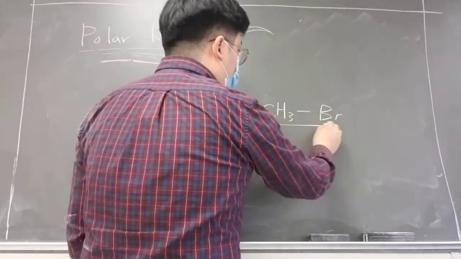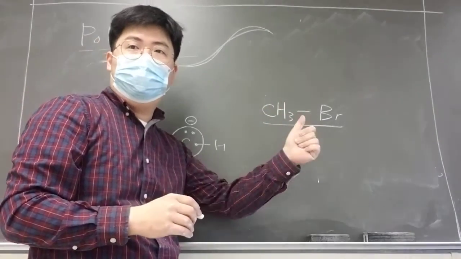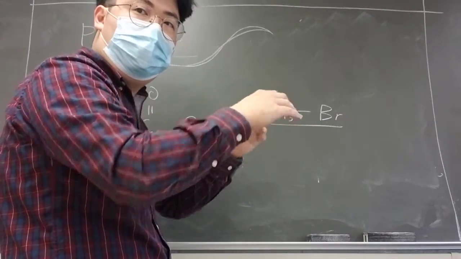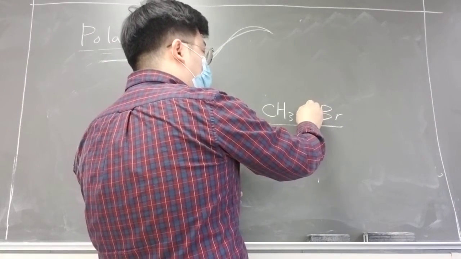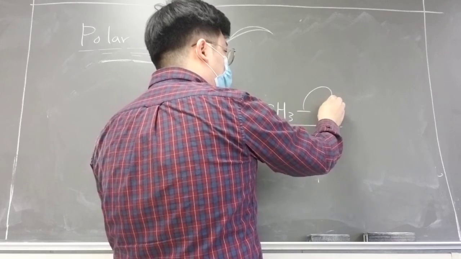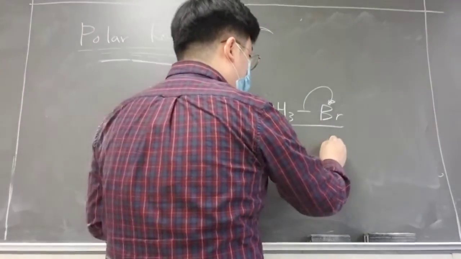And then if you look at this one here, once again, this is going to be polar, like an unsymmetrical bond, right? Bond breaking, right? So this will go to bromine for sure, right? Because this bromine is more electronegative.